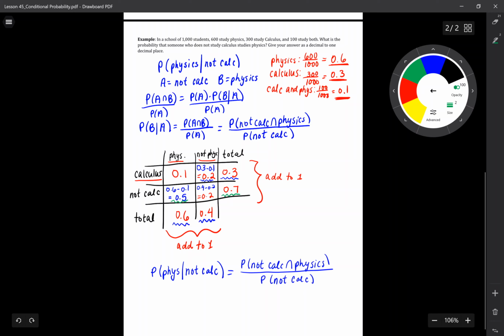Not calculus is here, and I see that this right here represents not calculus and physics, 0.5. And what about not calculus? Well, that is this right here, so that will be 0.7. And if I were to calculate this, this would be 0.71 or 71%. So the probability that someone who does not study calculus studies physics is 71%.